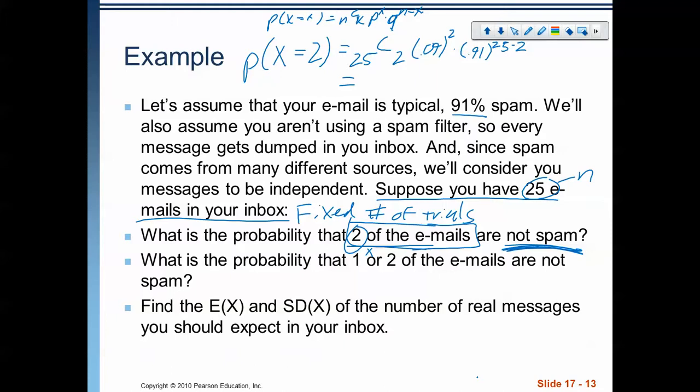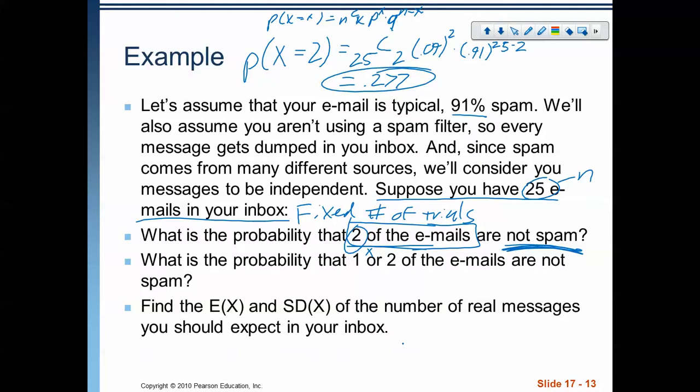So I'm doing that in my calculator right now, and I come up with 0.277 as the solution. And I will show you that trick tomorrow in class. Okay? Alright, so that is the probability of 2 out of 25 emails being not spam. It's a 27% chance that that happens.